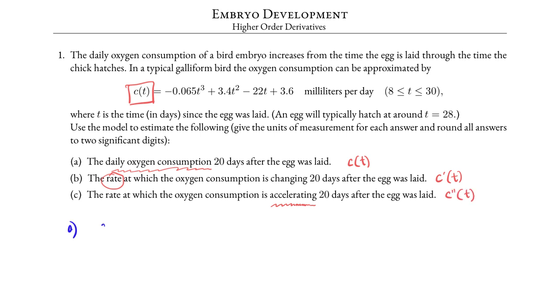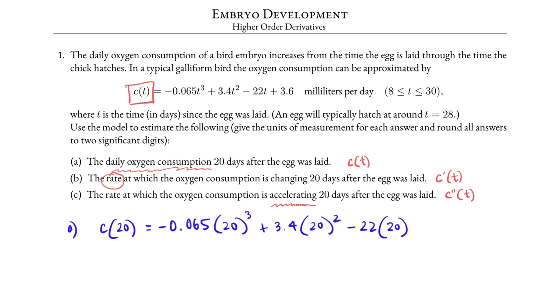For part A, we simply plug in 20 into the function C(t), which means everywhere we see a t, we will replace t with 20. So this will be -0.065 times 20 cubed plus 3.4 times 20 squared minus 22 times 20 plus 3.6.